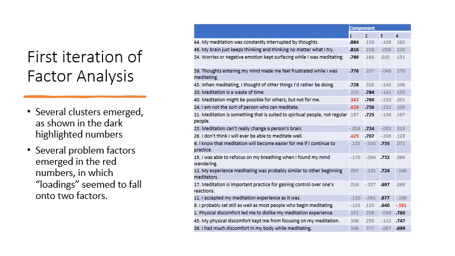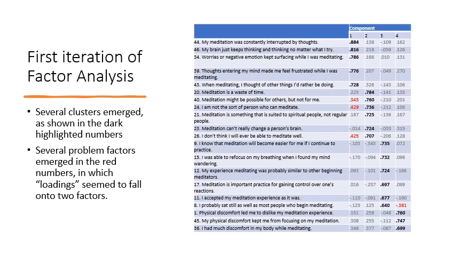And it relates to thinking during meditation. So you can see, my meditation was constantly interrupted by thoughts. My brain just keeps thinking and thinking no matter what I try. Worries or negative emotion keeps surfacing. When meditating, I thought of other things I'd rather be doing. So that was our first component.